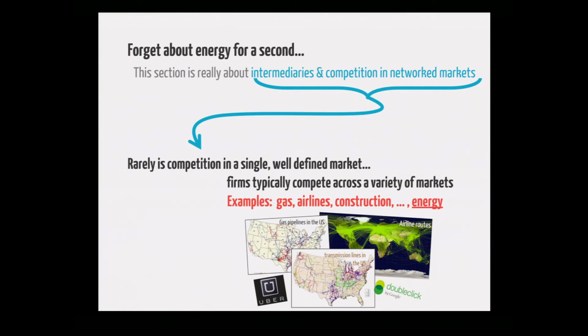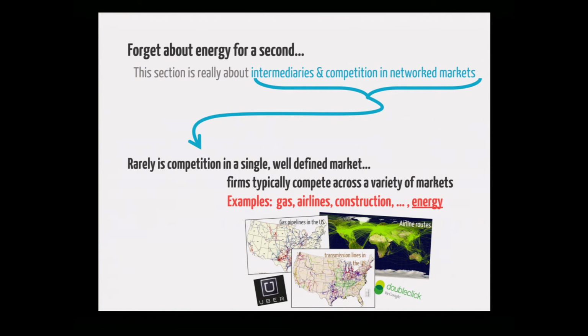In the real world, competition isn't in a single well-defined market. There's not an equilibrium price. There's lots of different markets that interrelate in different ways, and firms compete across a bunch of markets. We don't have a very good understanding of the consequences of constraints and connections between markets. You can think of this, all the utilities satisfy this. Here's my electricity grid, but also gas pipelines, airline routes.